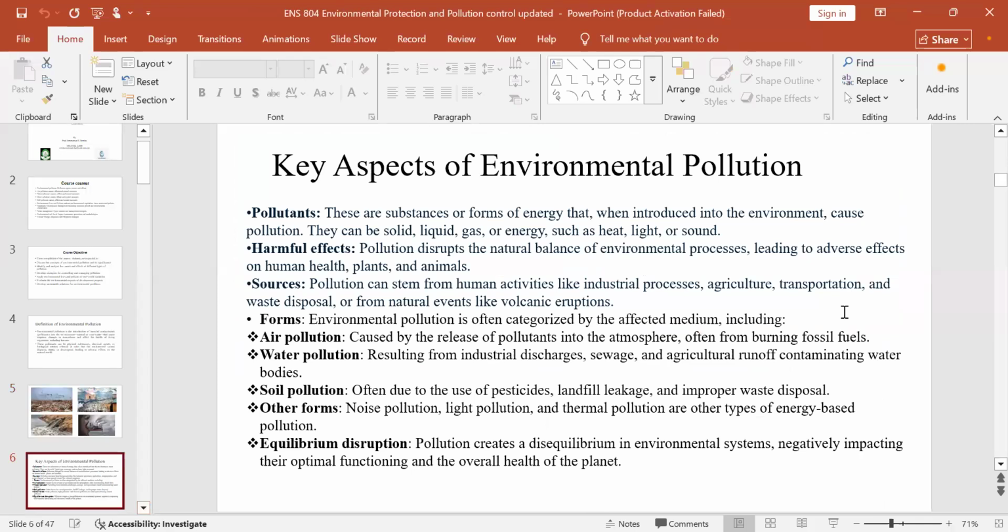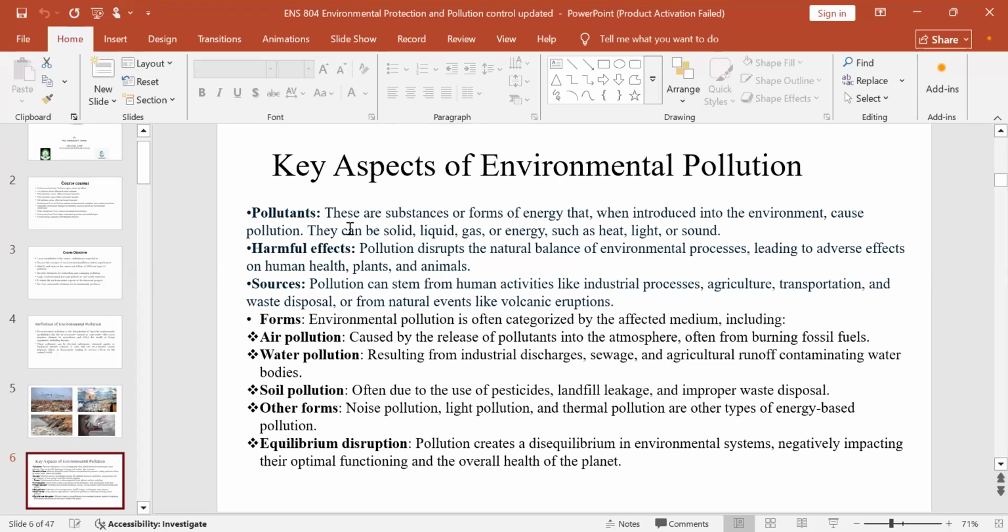So what are the key aspects of environmental pollution? Well, when you are discussing environmental pollution, you deal with pollutants. You want to know what pollutants are, and these are substances or forms of energy that when introduced into the environment cause pollution.